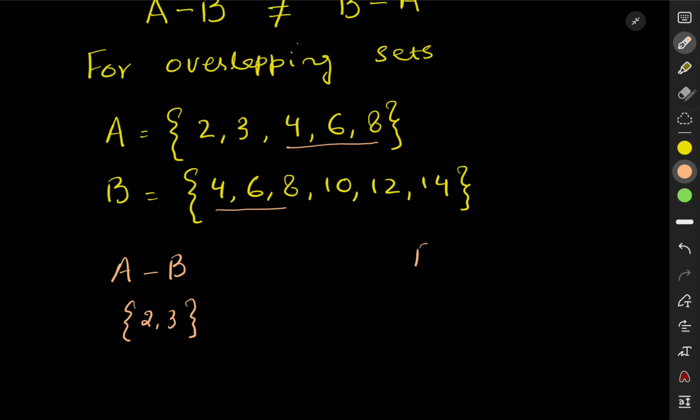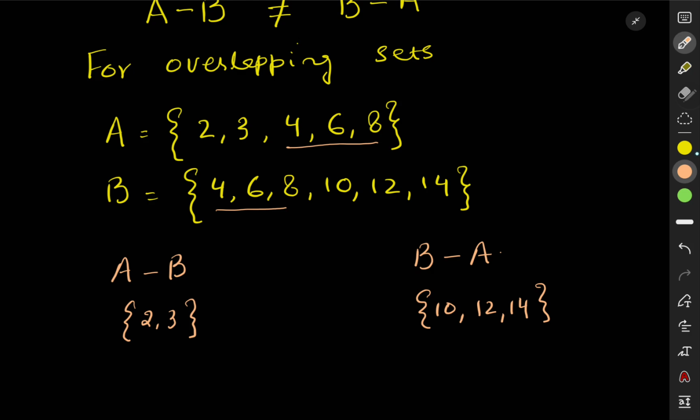And for B difference A, if we remove the overlapping members, the remaining members will be 10, 12 and 14. For A difference B, we only write the remaining members of set A, and for B difference A, we write only the remaining members of B.